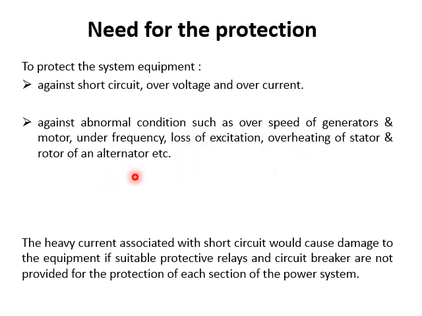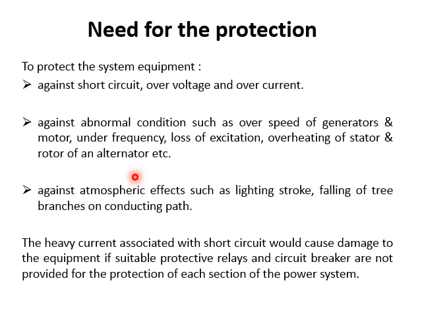To protect the system against atmospheric effects such as lightning stroke and falling of tree branches on the conducting path. The heavy current which is associated with the short circuit would cause damage to the equipment if suitable protective relays and circuit breakers are not provided for the protection of each section of the power system.